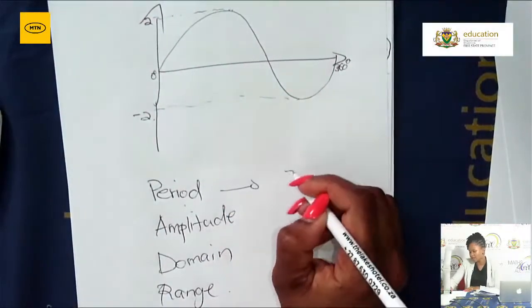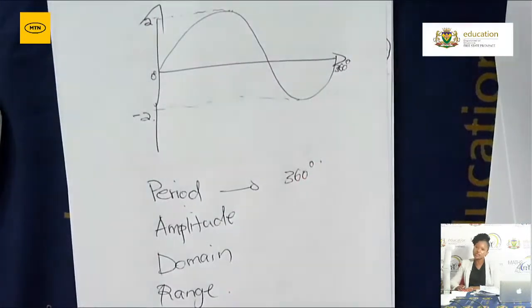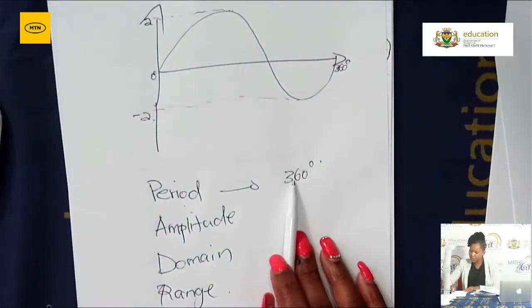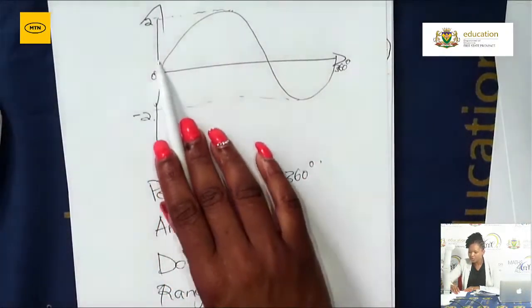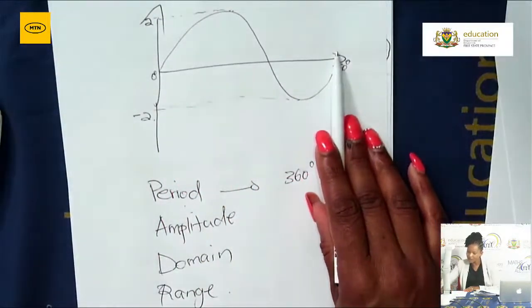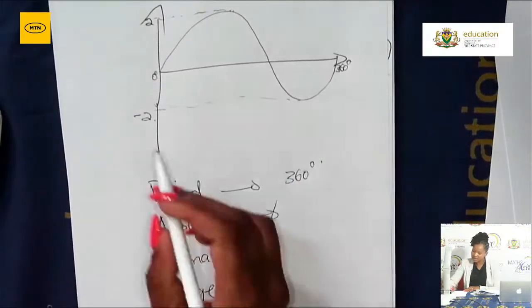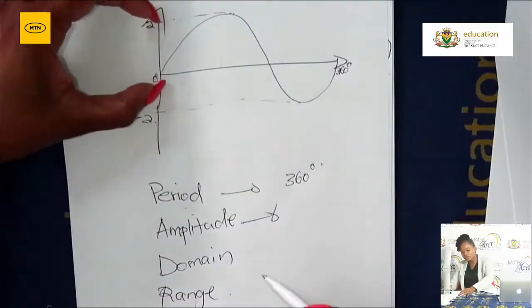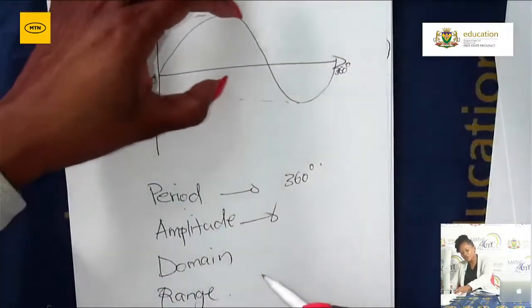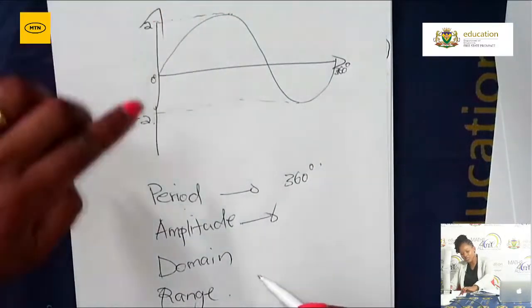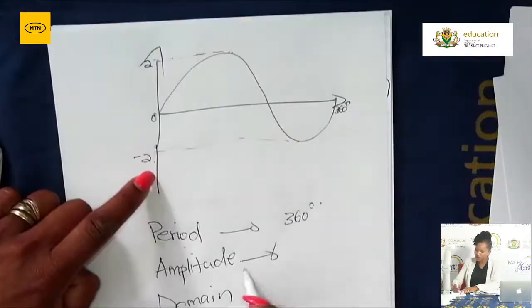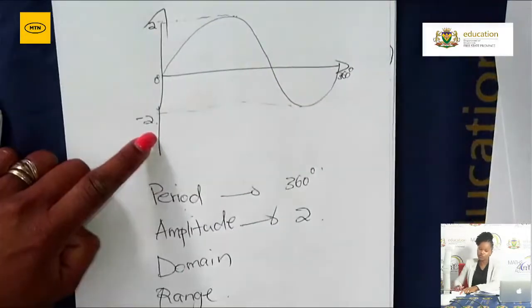Your basic sine graph is 360 degrees. The period, remember, should be for a complete wave. So your period for sine graph is 360 degrees. In this case, your amplitude, you see your graph is turning at 2 maximum and at negative 2. So your amplitude here is just 2.